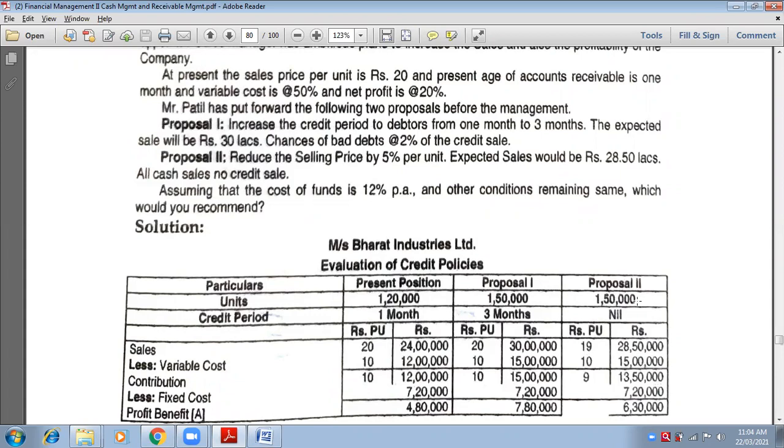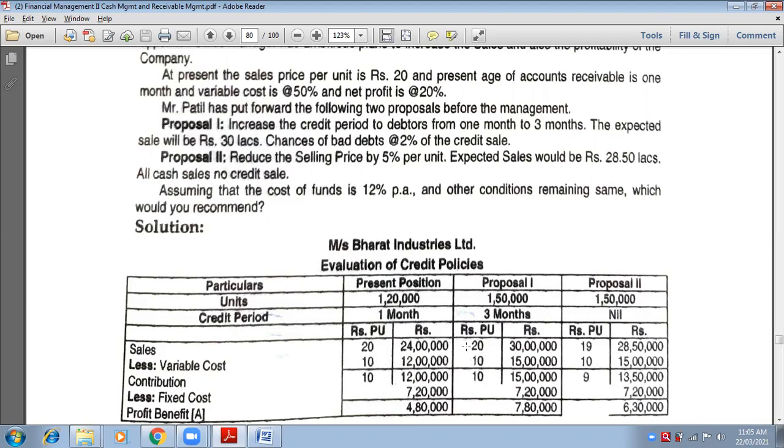See, third case, proposal 2. Look very carefully. It is not 50% of 28 lakhs 50,000. No. First case, you have to do that. 50% on sales, 24 lakhs into 50%, 12 lakhs. But 12 lakhs has to be divided by 120, 10 rupees. This 10 rupees has to be kept same everywhere.